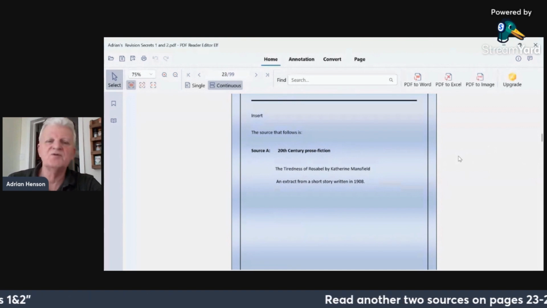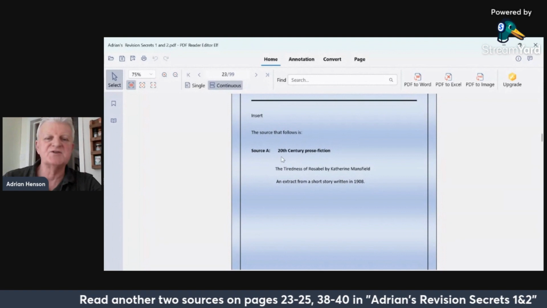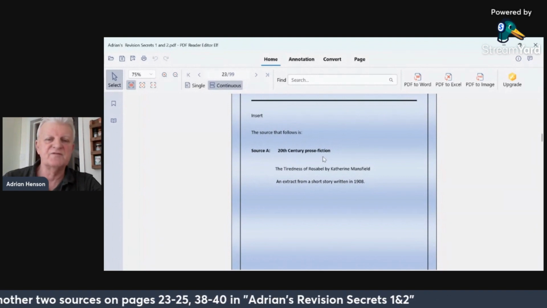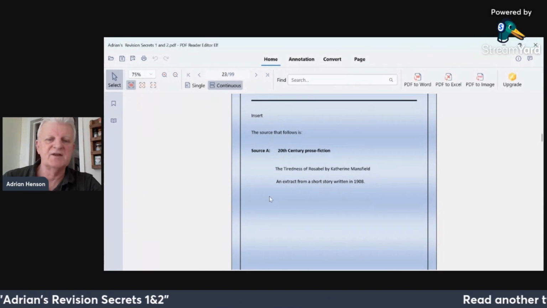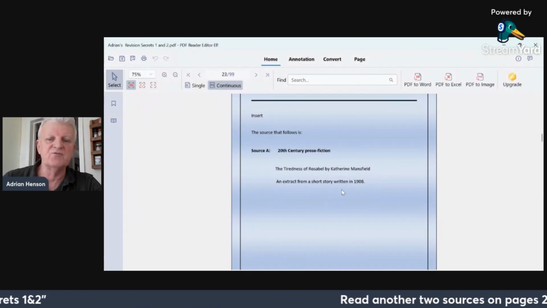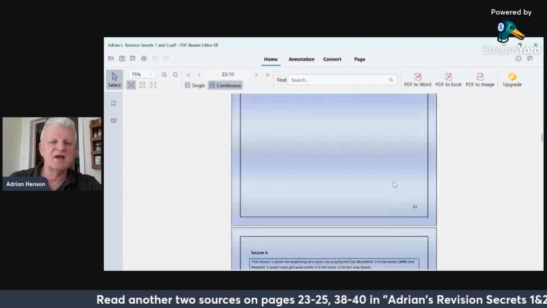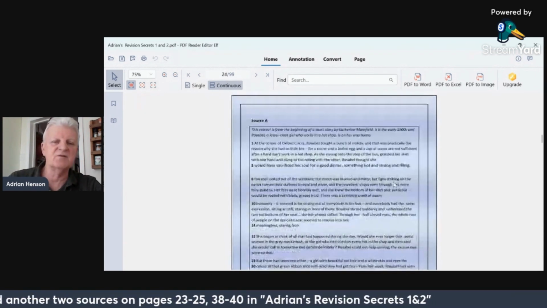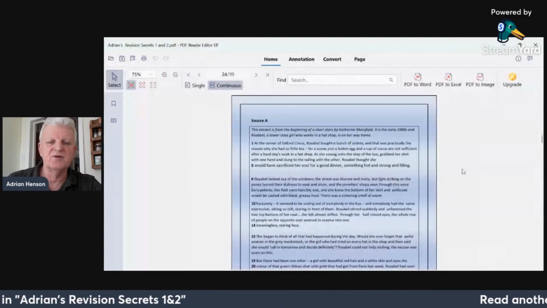So it's always important to look at the exam papers and how they're presented. So this actually says it's 20th century prose fiction and it's called The Tiredness of Rosabelle by Katherine Mansfield, and it's an extract from a short story written in 1908. So, you know, it's got extra context. And again, there's a little bit more of that extra context in the source, and again, you can read through the source there.